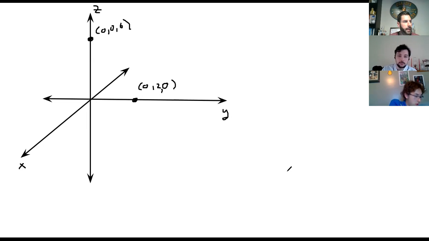And then lastly, if I were to set z and y equal to 0, I get x equals 3. So this is the point 3, 0, 0.